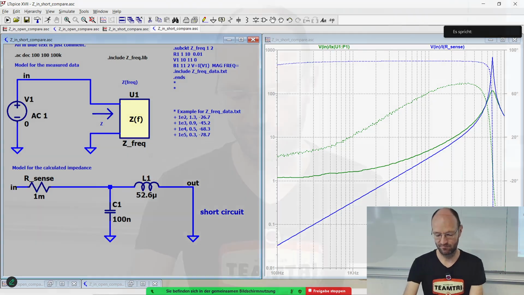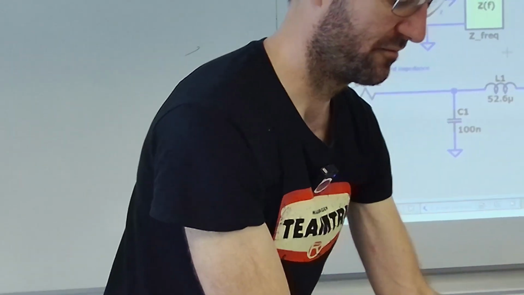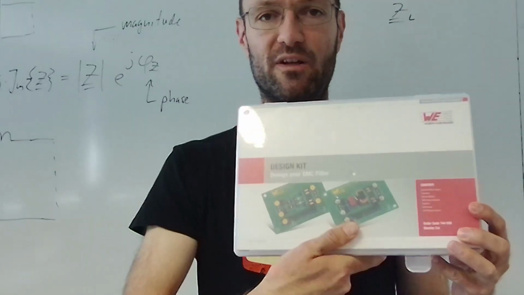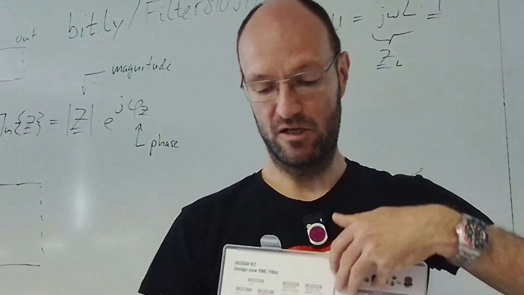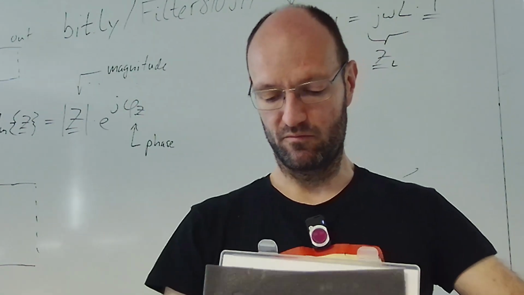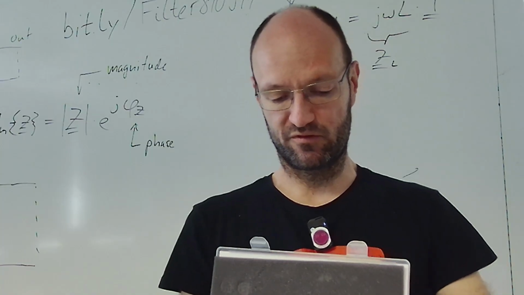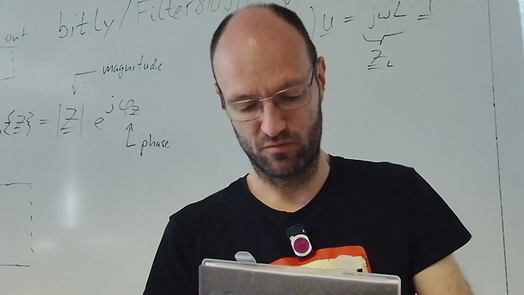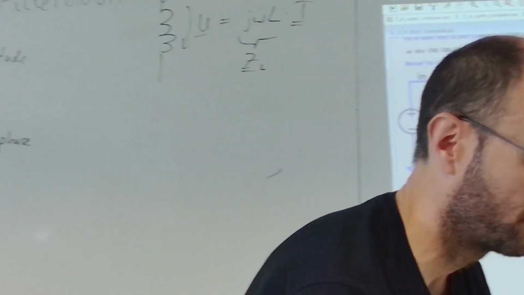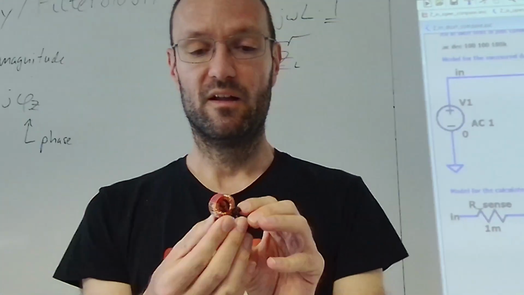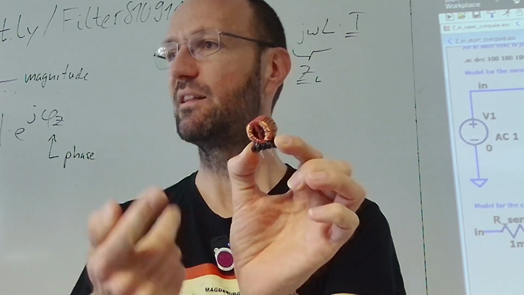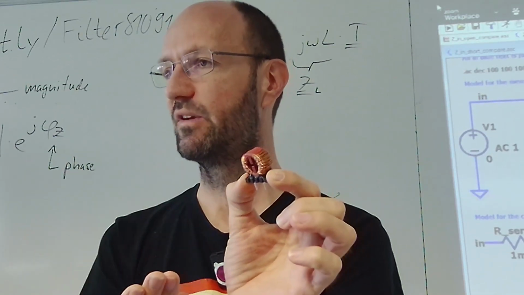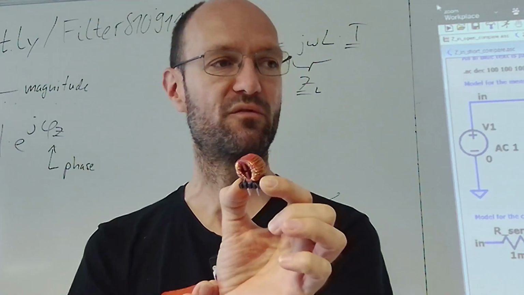If I take from this Würth Elektronik Design Your Filter kit one inductor out of this box, like this one here, then this is how such an inductor looks like, and it's made out of wire. The wire has a resistance. This is a series resistance for the inductor.